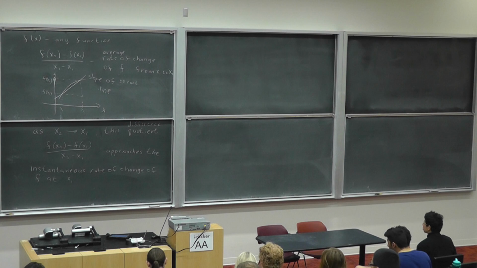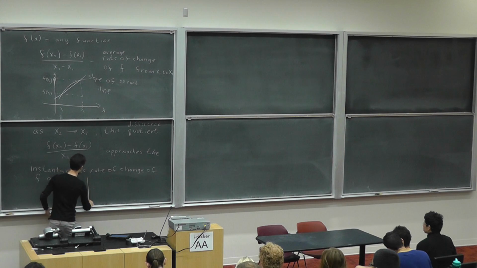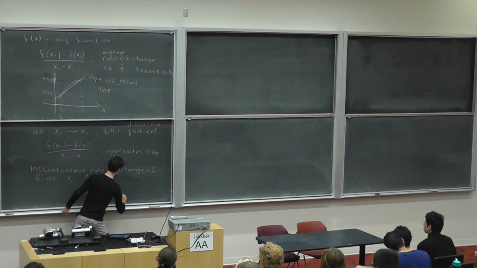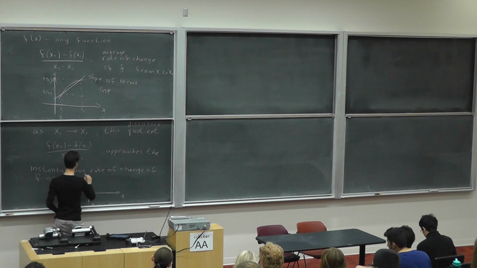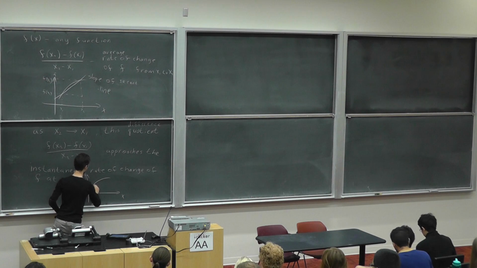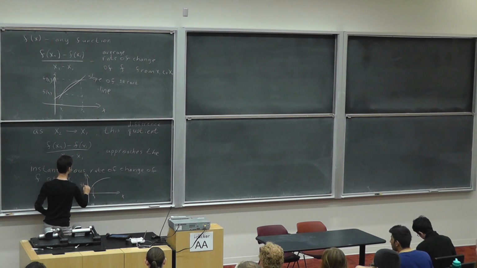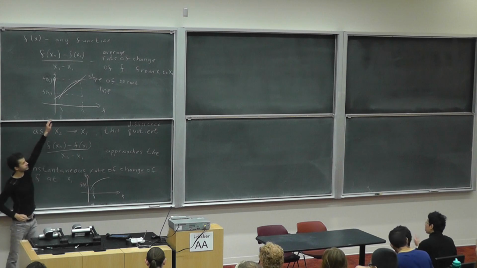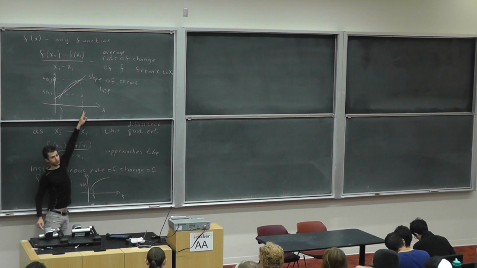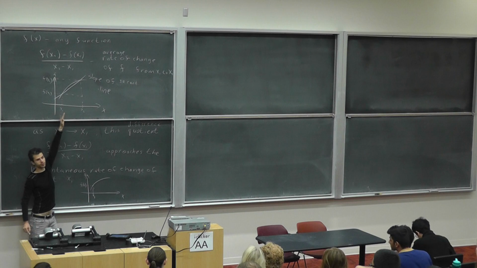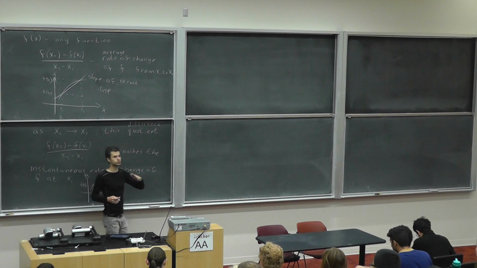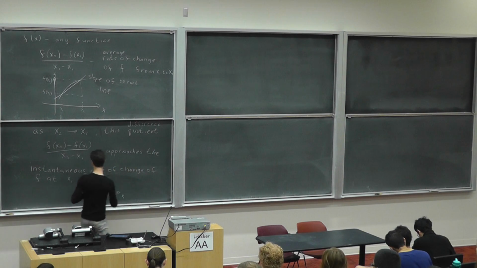And we also had a geometric meaning for this notion of instantaneous rate of change. If we have a function and we have a point x1 on the x-axis, well, the secant lines, as the point x2 gets closer and closer to point x1, get closer and closer to the tangent line of this graph.